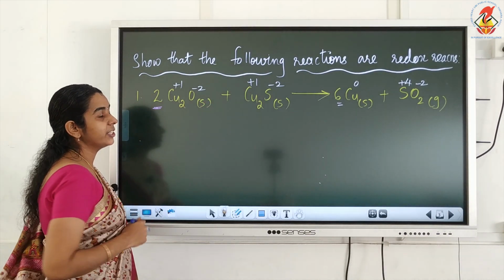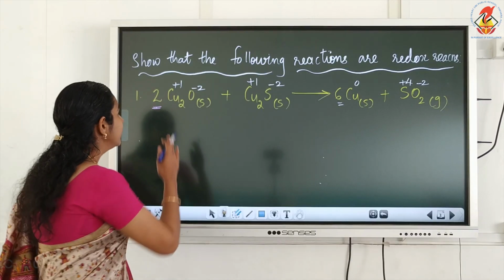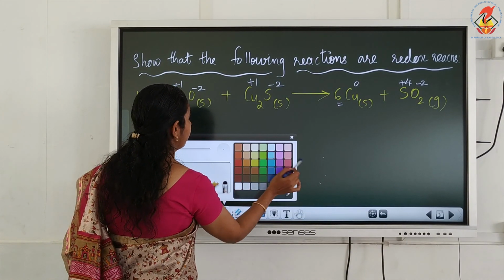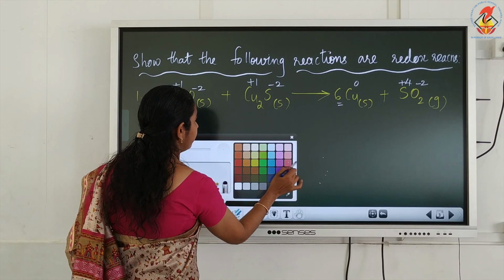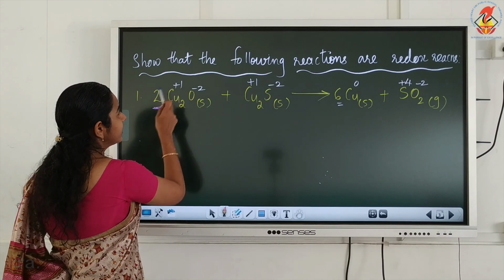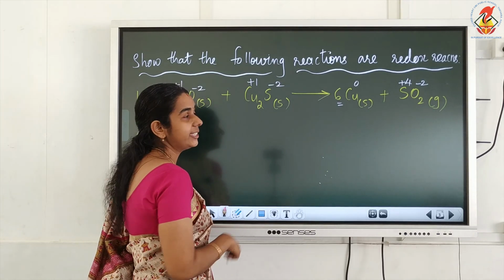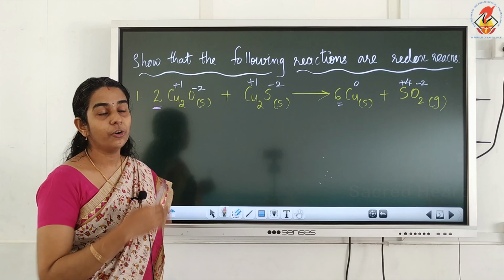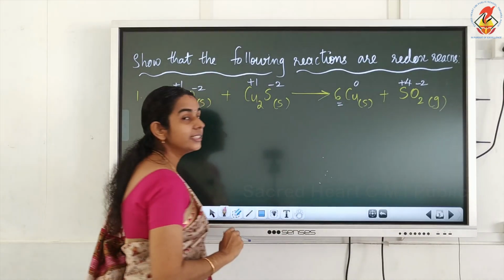Now, based on oxidation number, how can we assign oxidation and reduction? See the case of copper. On the left hand side, here copper is in +1 oxidation state, here also copper is in +1 oxidation state. On the right hand side, when it comes to the product side, the oxidation state is 0.